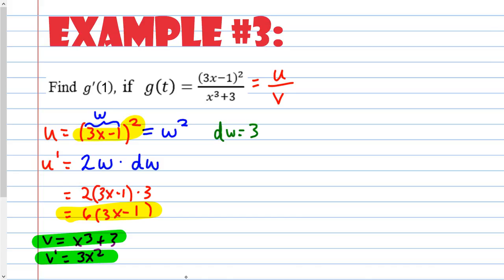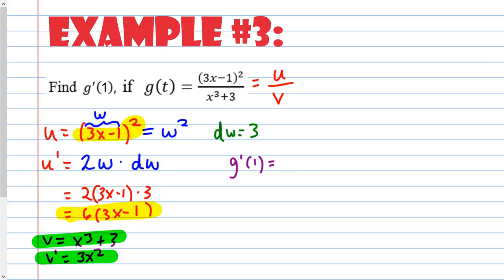Okay, so let's derive. So G prime of 1. So that means I'm actually going to plug in 1. So I don't have to simplify anything, thank goodness, because quotient rule usually looks really yucky. What I'm going to do is I'm going to derive, and then I'm going to plug in 1.